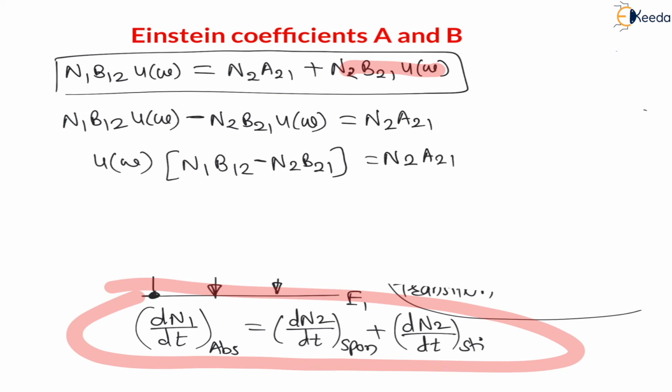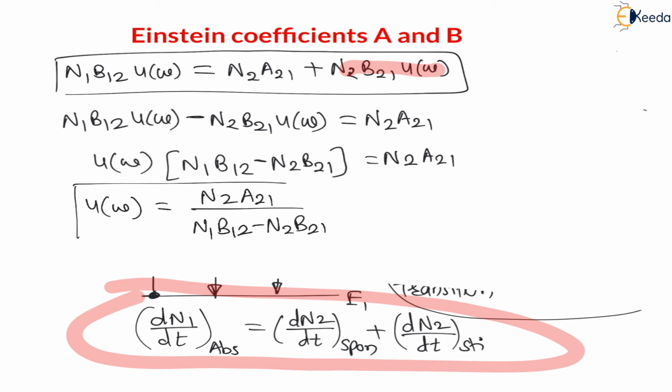Now let us take this term to the other side. Therefore U omega will become N2 A21 divided by (N1 B12 minus N2 B21). Now for this equation, I will divide the numerator and denominator by N2. There is no problem, absolutely fine.